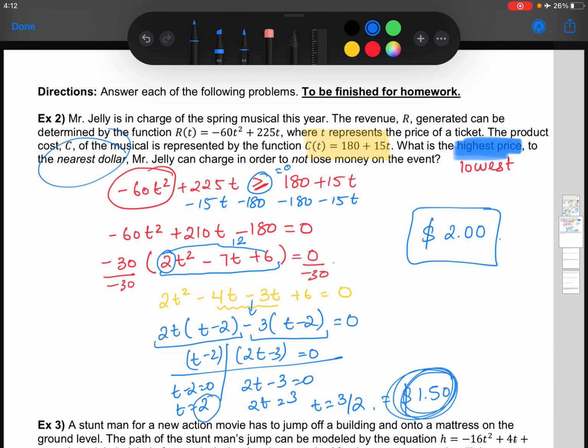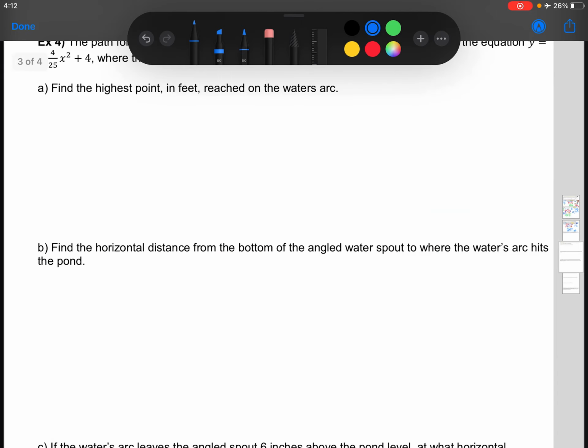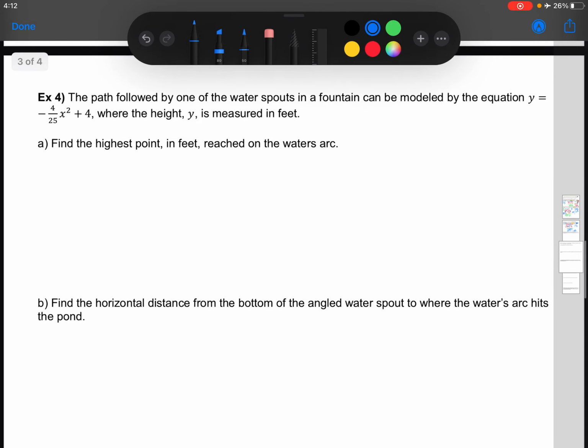Okay, so I want you to try the remaining questions. There are, I think, 3 questions, example 3, 4, and 5, and the closure. If you have any questions, please ask your teachers. Also refer back to your previous lessons if you're stuck on any formulas. I just want to quickly get you started on example 4. It's about a water fountain, and it's talking about the highest point.